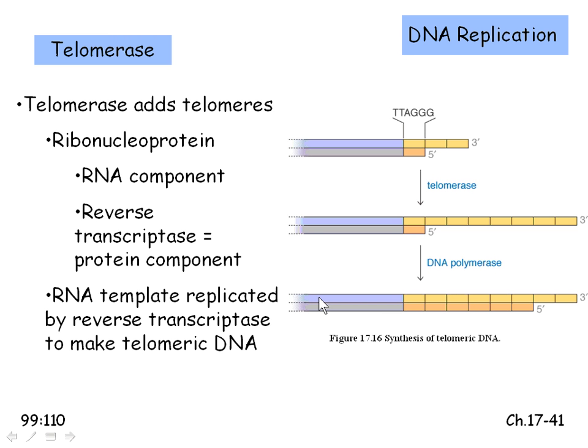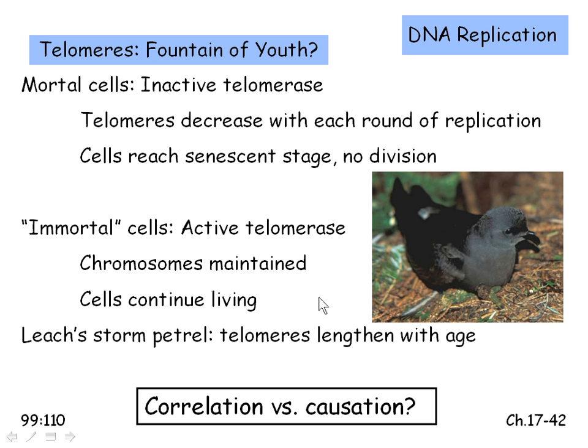So when telomerases were initially discovered, there was actually a lot of excitement because many people thought they had found the key to eternal life, or the fountain of youth, the way to stay alive forever. This is because they observed in mortal cells, cells that essentially die, that telomerase is not active.